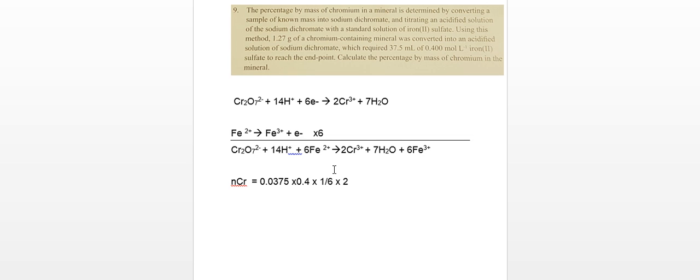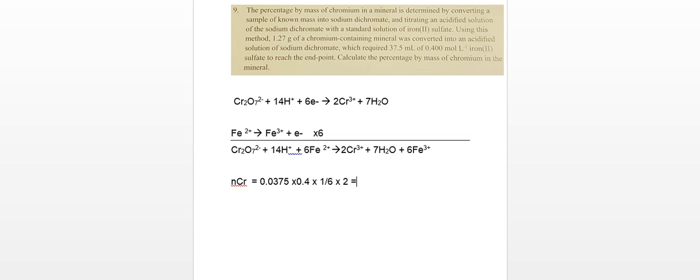Okay, so in other words, for every 1 dichromate we have, we get 2 chromiums. For every 1 dichromate we have 6 iron ions. So we have to multiply the number of iron ions by 1 divided by 6, and then because we get 2 chromiums, we've got to multiply that by 2.